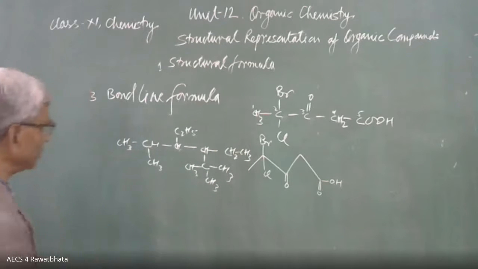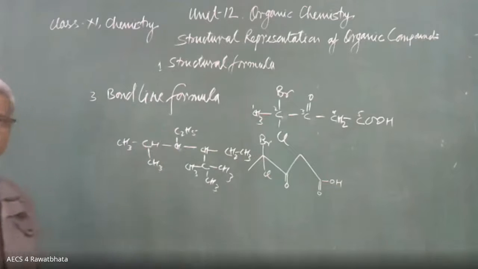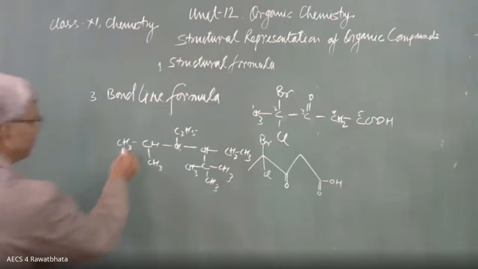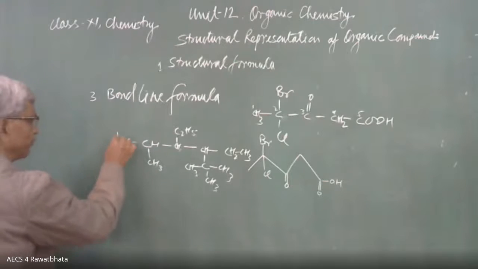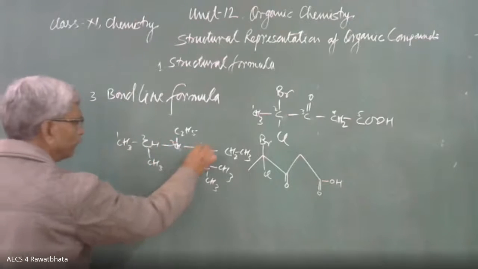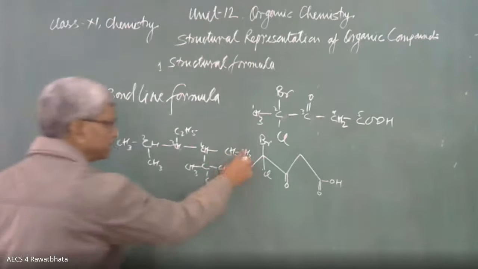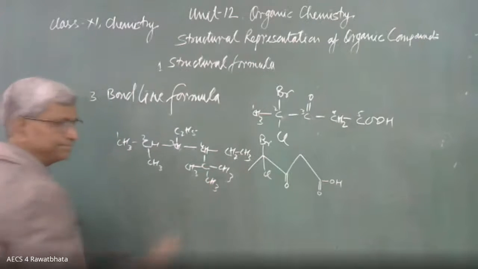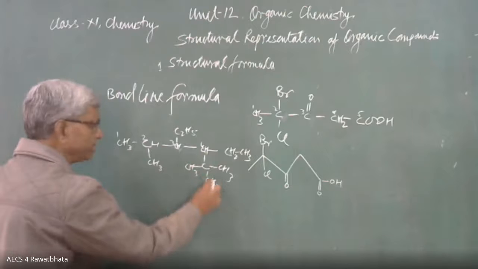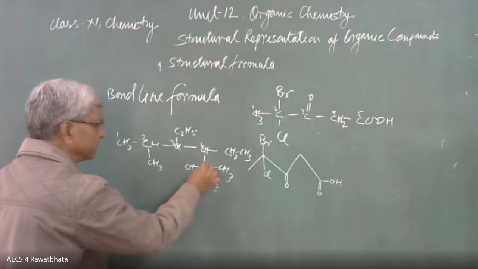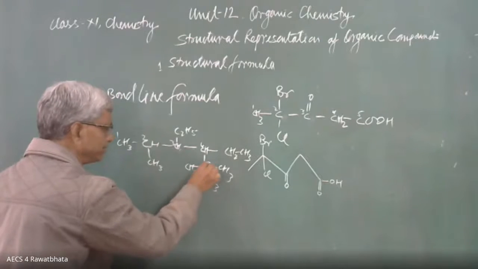Okay, what is the bond line formula of this compound? The compound is written, see here, from any side, simply we have to number 1, 2, 3, 4, 5, 6. Here also 5, 6. So it is better to go for this side. 4, 5, 6.